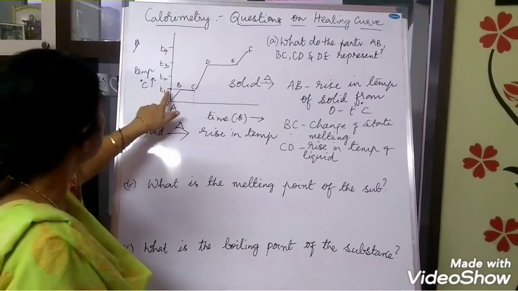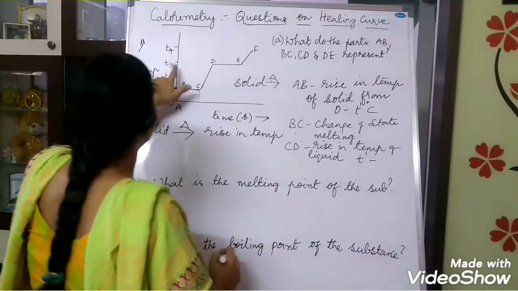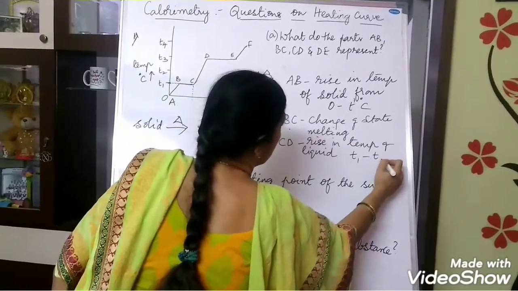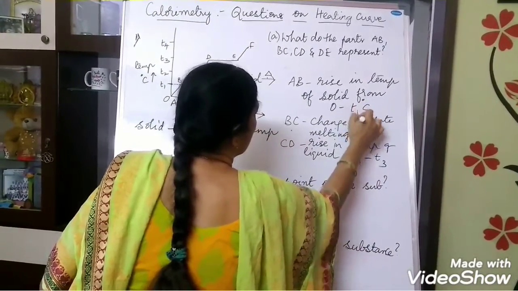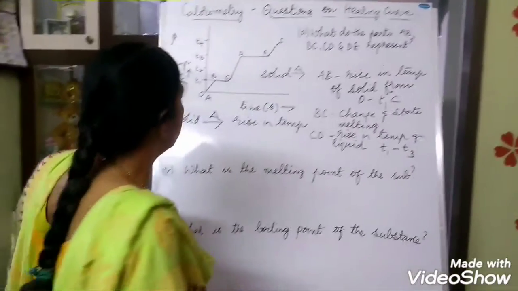Now from where the temperature is rising? From T1 to T3 degrees Celsius. From T1 the temperature is rising up to T3.